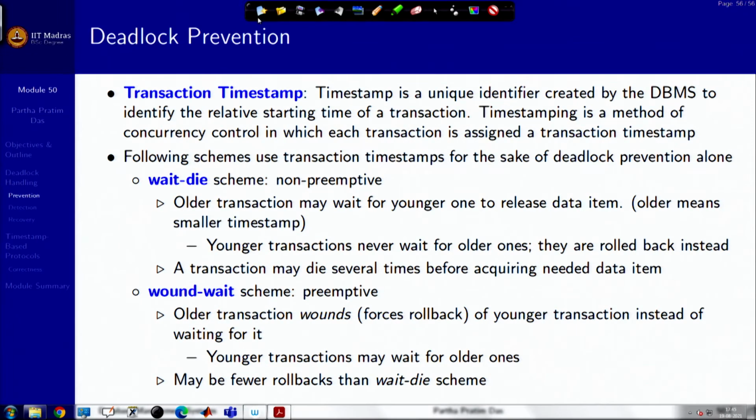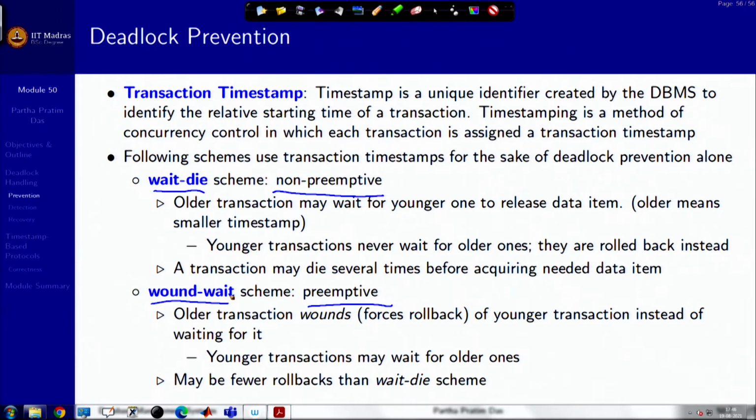There are two schemes which use transaction timestamps to prevent deadlock. One is non-preemptive, called the wait-die scheme, and one is preemptive, called the wound-wait scheme. Philosophically, very simple. Non-preemptive means that you be well behaved.